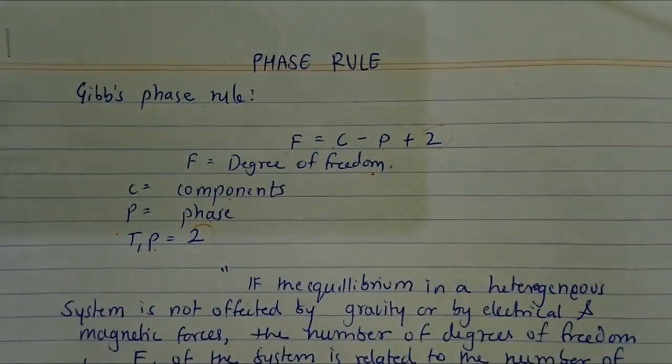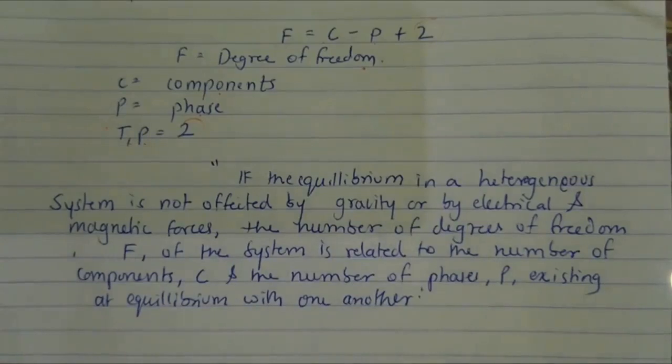Now one by one we'll see the definitions of degree of freedom, components and phases. This is the simplified definition of the Gibbs phase rule.